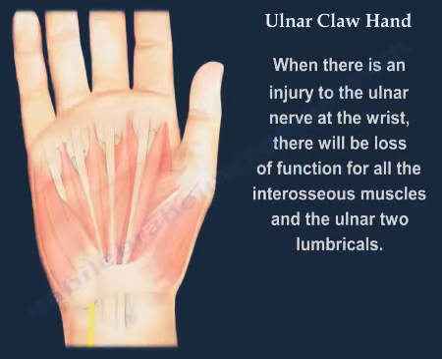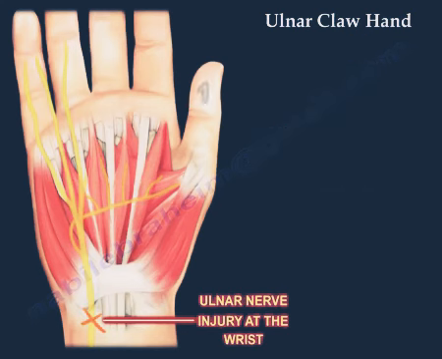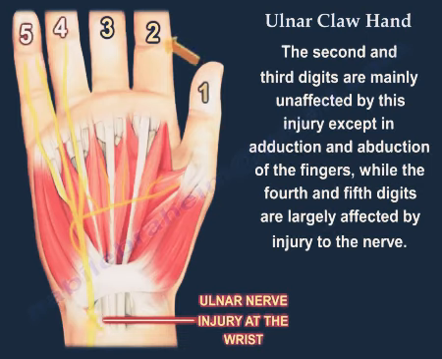So injury of the ulnar nerve at the wrist will lead to loss of function of all the interossei muscles and the ulnar two lumbricals. The second and third digits are mainly unaffected by this injury except in adduction and abduction of the fingers, while the fourth and fifth digits are largely affected.